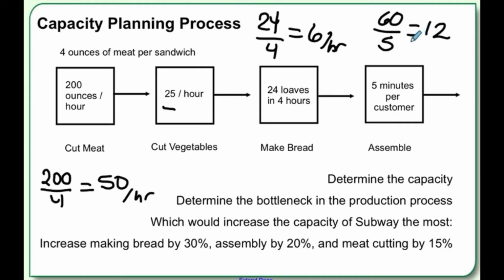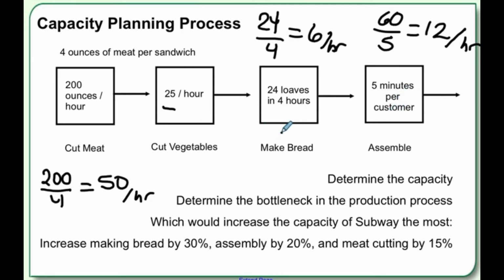And let's assume each customer is just ordering 1 sandwich. So as we look at the capacity, how many sandwiches we could produce in an hour, we need to look at the bottleneck in the production process. So meat cutting produces 50 sandwiches worth, vegetables produce 25 sandwiches worth, bread produces 6 sandwiches worth, and the assembly is 12 sandwiches worth in a single hour.